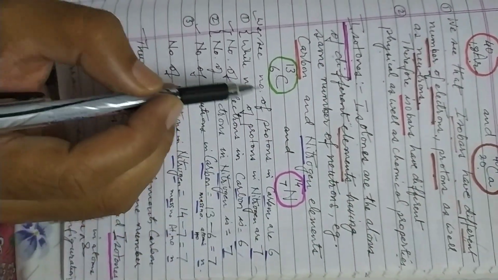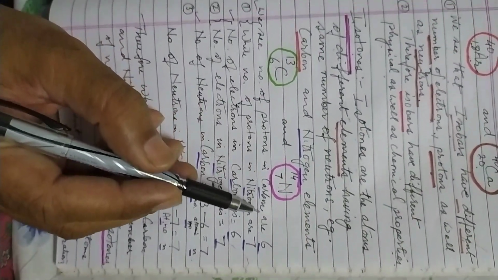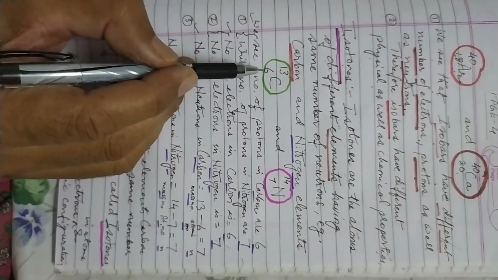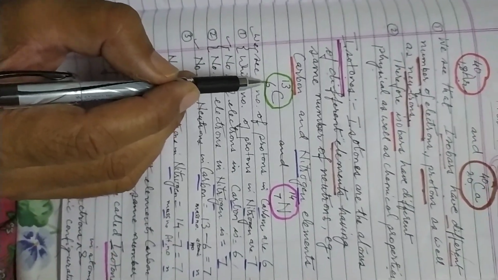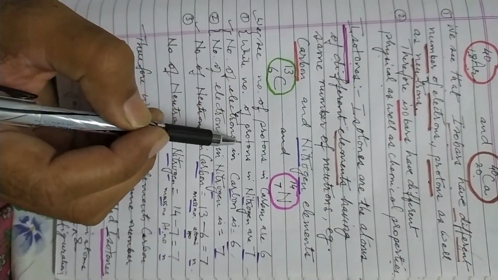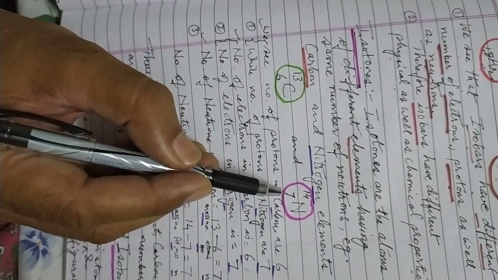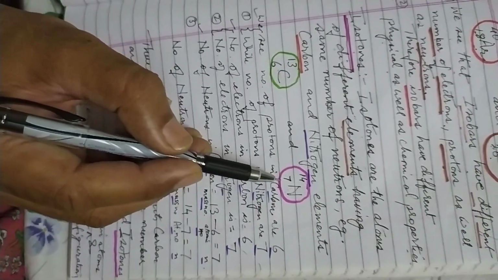Example, let us see here. We see that the number of protons in carbon is 6. You can see here the atomic number, or the number of protons, is 6, whereas the number of protons in nitrogen is 7. So the atomic number of nitrogen is 7.